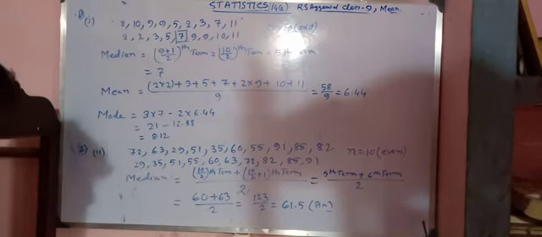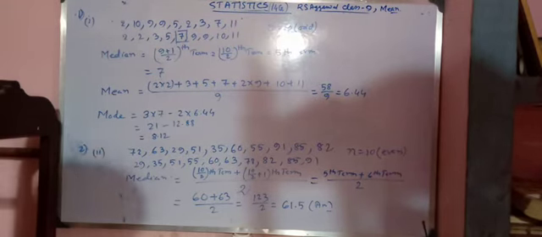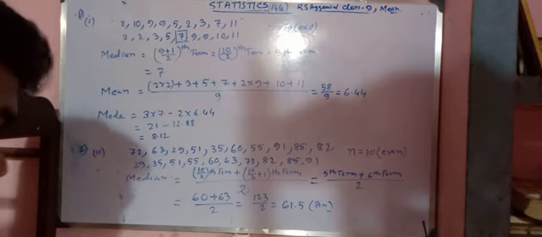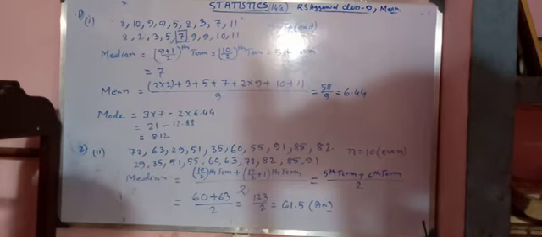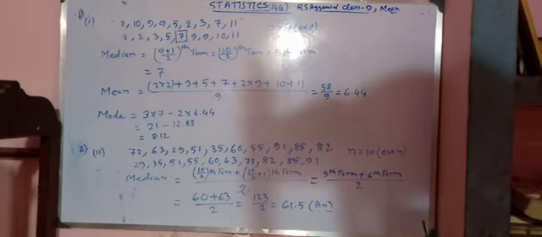Next, question number 4 is the same, only with fractional numbers. I hope you are able to solve it. Next, question number 5 is also the same. Question number 6 is the same. Now come to question number 7.